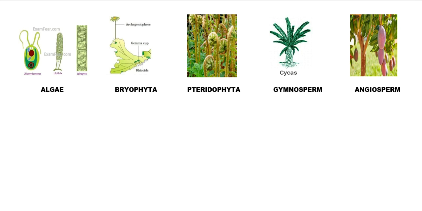So if you are talking about algae, what you find is mostly plants out here are haploid in nature. Okay, so their haploid life cycle is larger, and the diploid life cycle here will be smaller in nature. When you reach bryophyta, what happened?